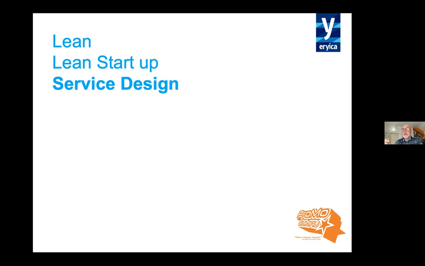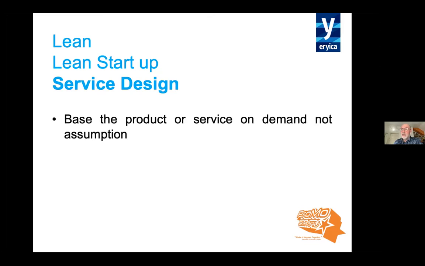So what you end up with is waste, because you've just spent a lot of time producing the wrong thing. I think Elon Musk has a famous phrase on this. A lot of service design is about making sure that the base of the product is on demand and not on assumption. So you're really working hard to understand that this is the right thing to do.